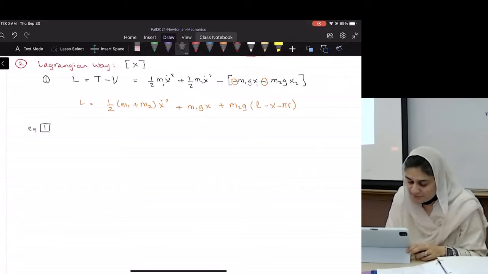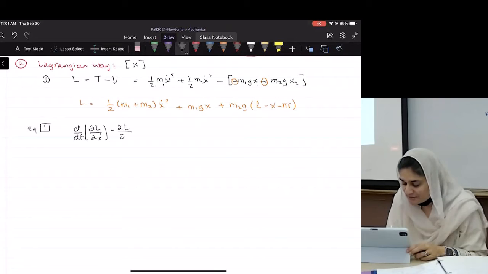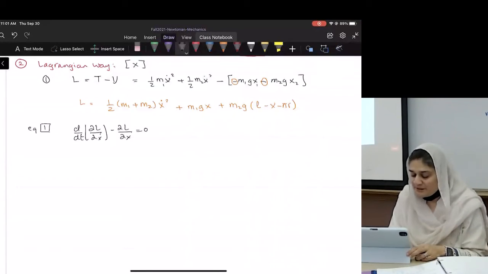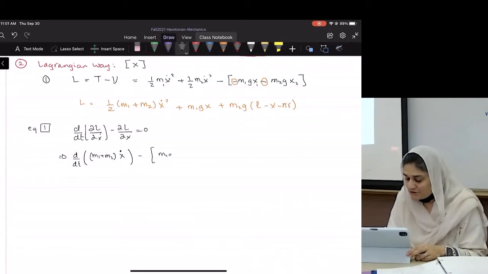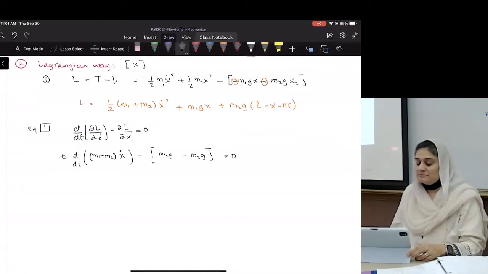So use equation 1. d over dt of partial L over partial x dot minus partial L over partial x equals 0, which means I can rewrite this as the full derivative over t of (m1 plus m2) x dot, minus m1 g, no, not x anymore, because we're already differentiating with respect to x, minus m2 g equals 0.